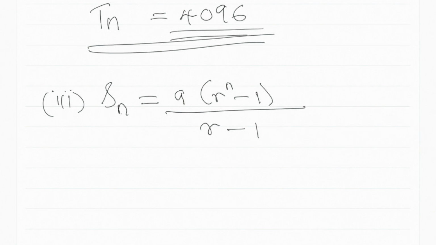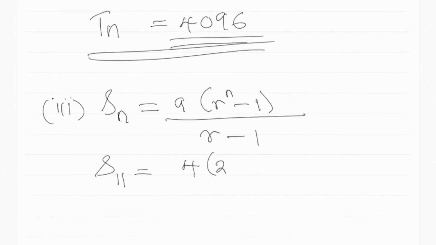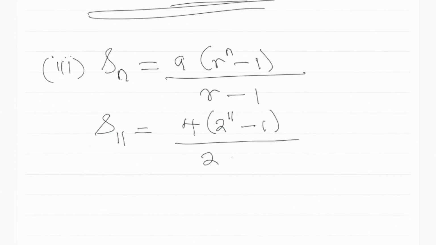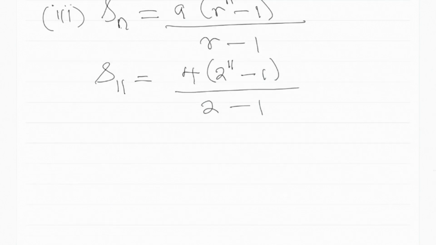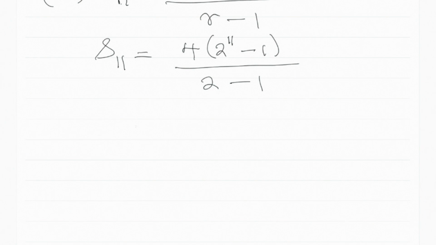So again here, n is 11, A is the first term, R we've already found, which was 2, and we just need to replace in that formula. So we're going to say the sum of the 11th term equals 4 there, then our common ratio is 2, and then we are still raising it to power 11, which is the 11th term that we've been given, minus 1, everything over our common ratio 2 minus 1.